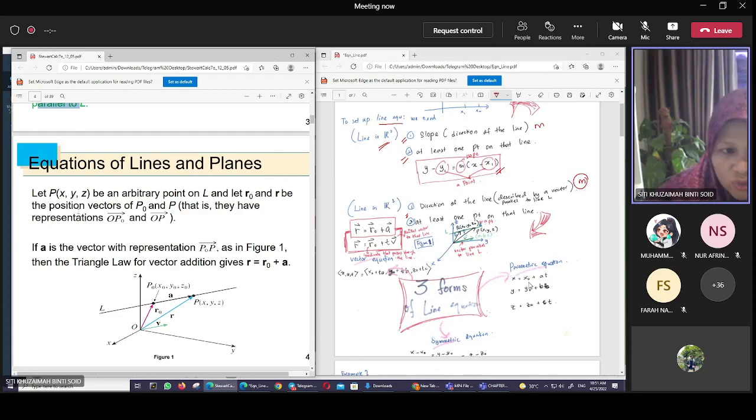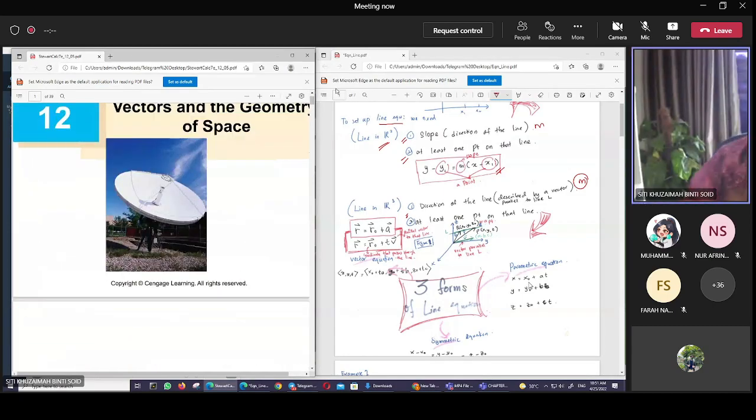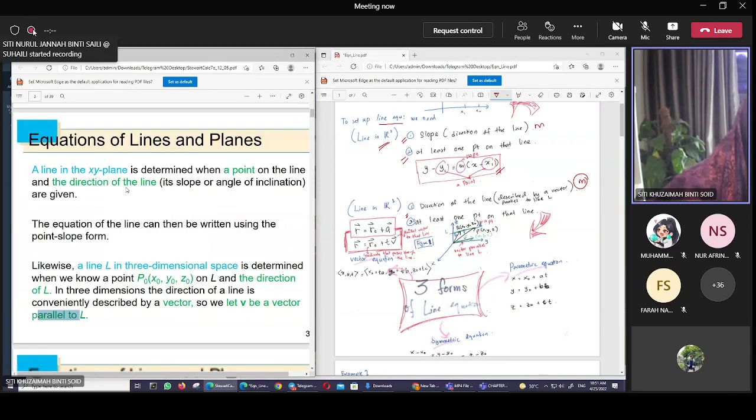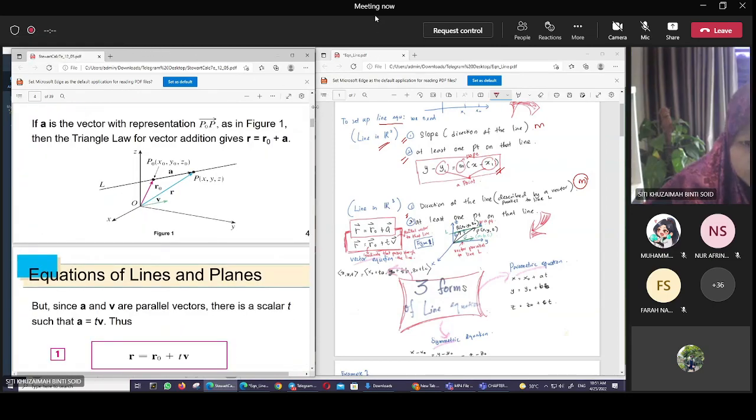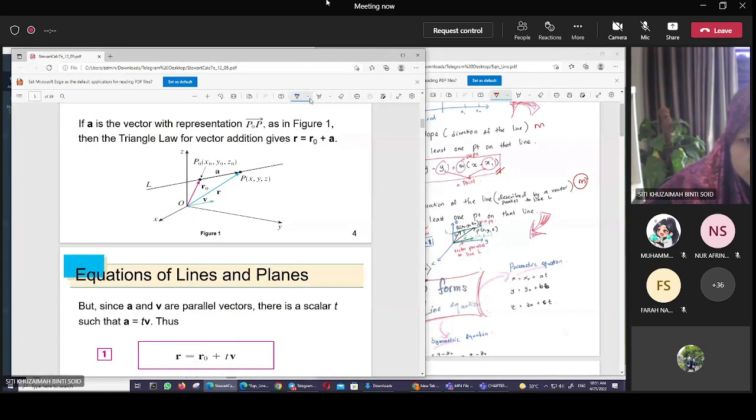What we learned about position vectors is that this coordinate also represents the vector. So R0 also represents x0, y0, z0 as a vector, because it starts at the origin.